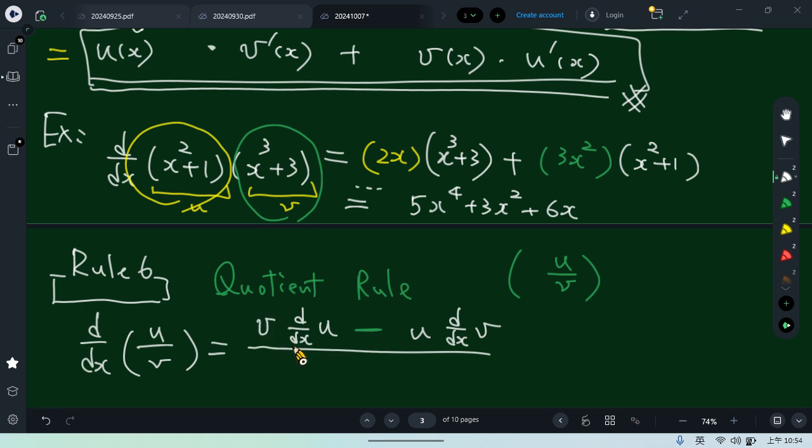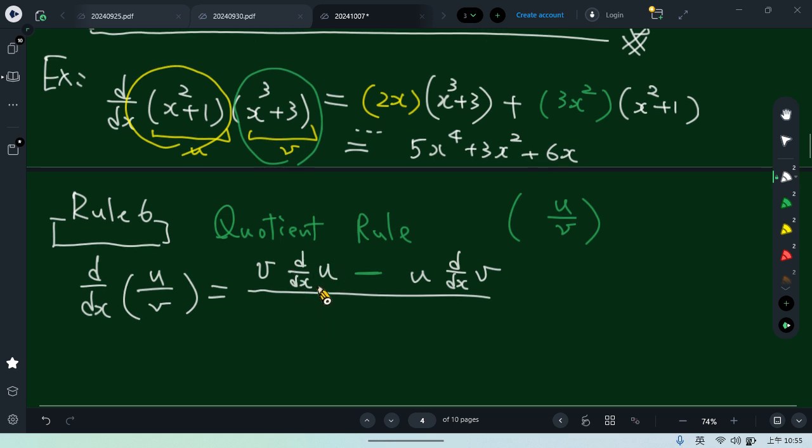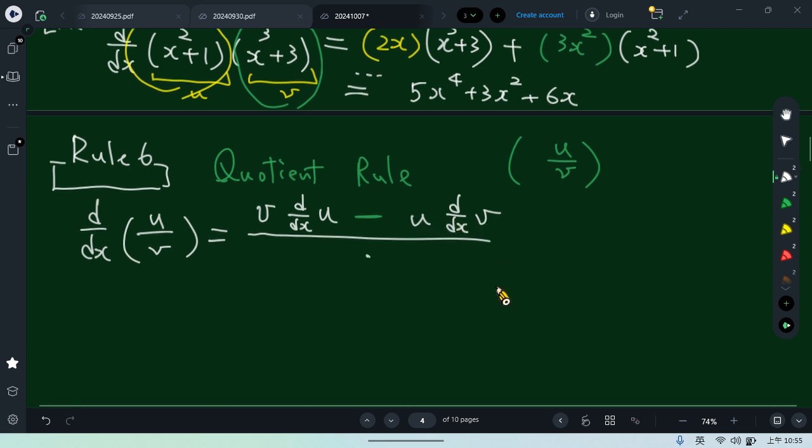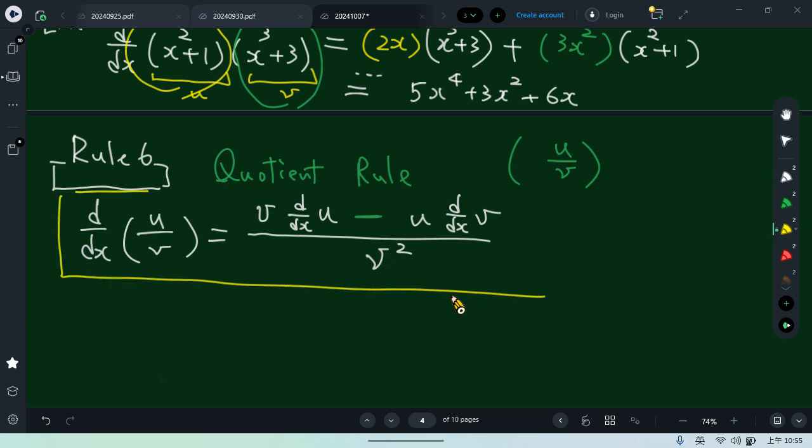Remember: v first times differentiate u, then minus keep u but differentiate v, all over v squared. This is also very hard, so please memorize it, especially the order.